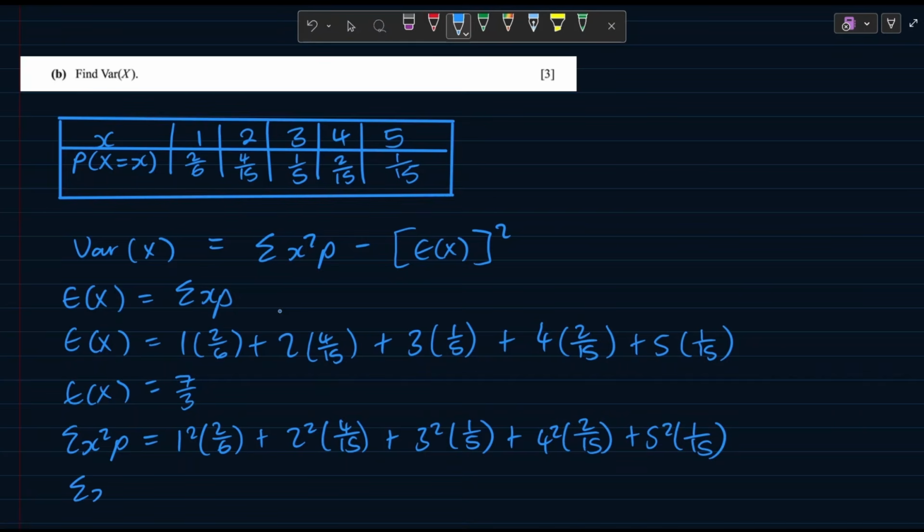And so the summation of x squared p is equal to, let's punch this into the calculator, that's 1 squared times 2 over 6 plus 2 squared times 4 over 15 plus 3 squared times 1 over 5 plus 4 squared times 2 over 15 plus 5 squared times 1 over 15, and that gives us 7.